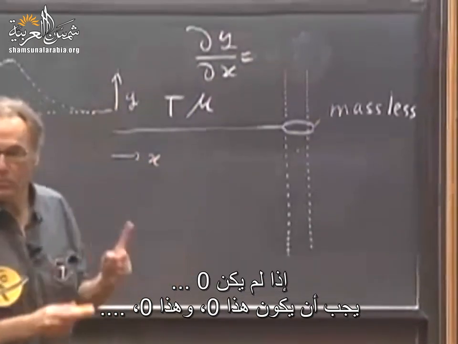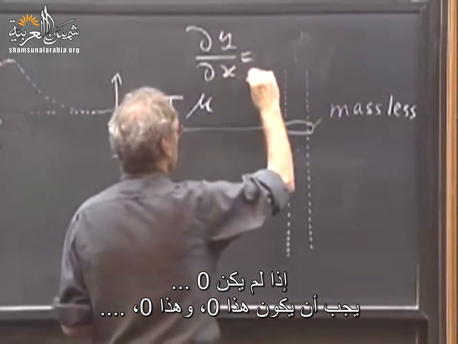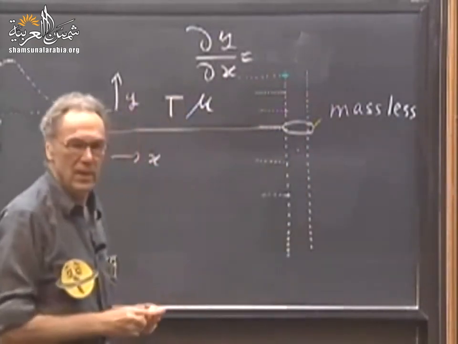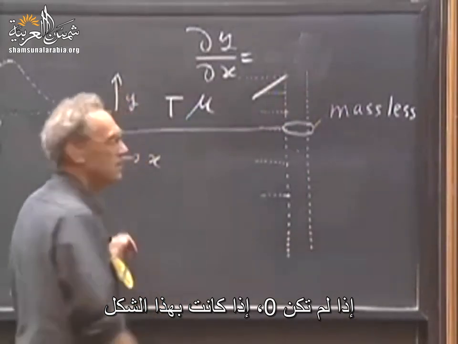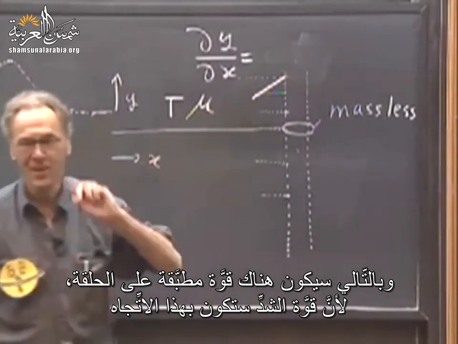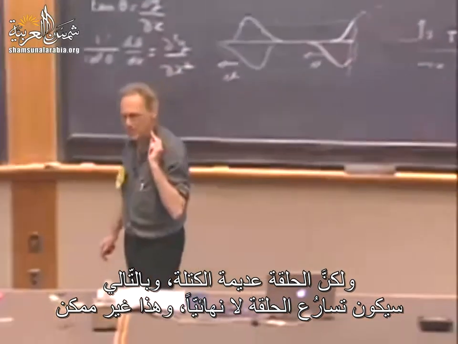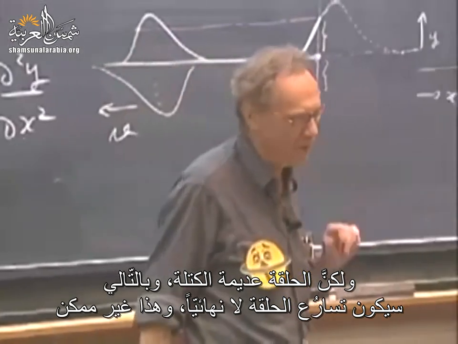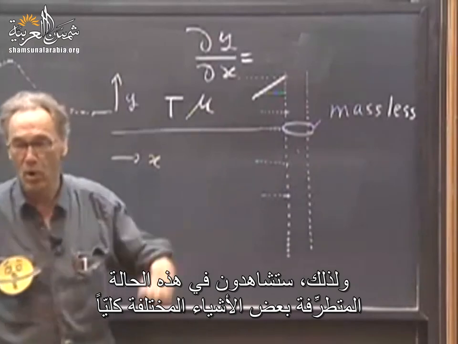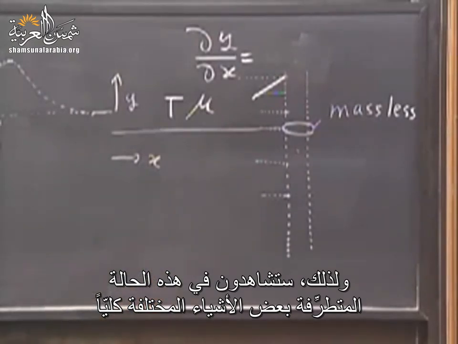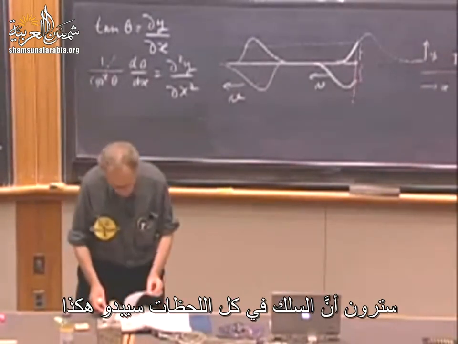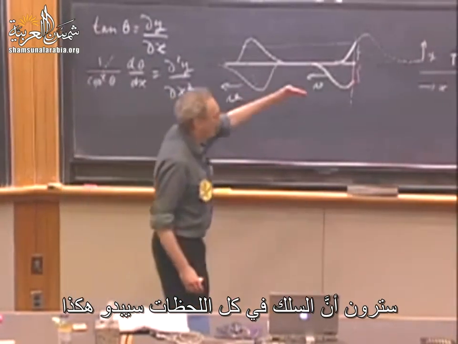If it were not 0, then there would be a force on this ring, because the tension would be in this direction, but the ring has no mass. And so the acceleration of the ring would be infinitely high, which we don't allow. So therefore, in the extreme case that you can go to this situation, you will now see something very different. You will see that the string at all moments in time will have to be like this.